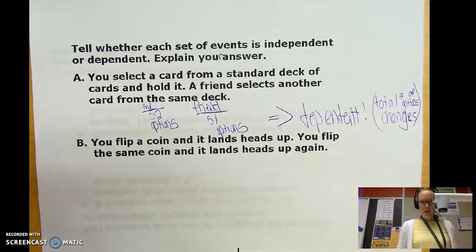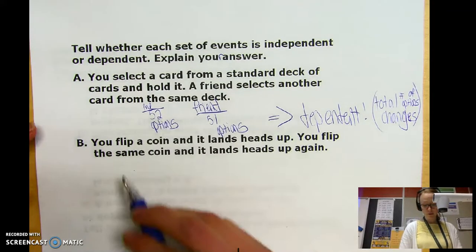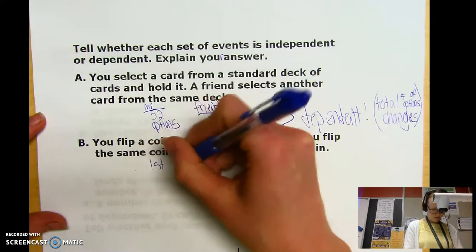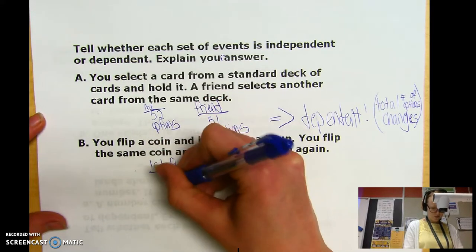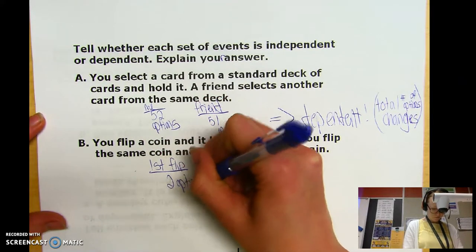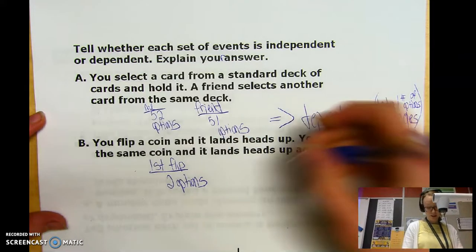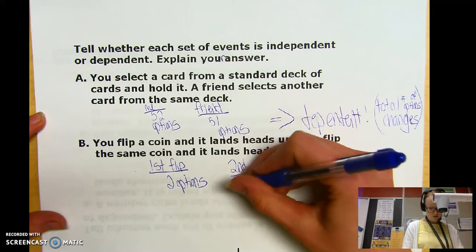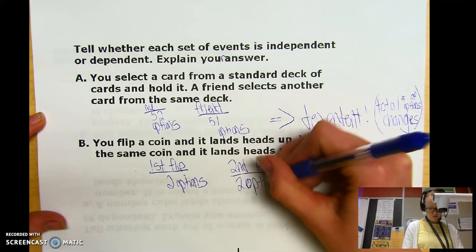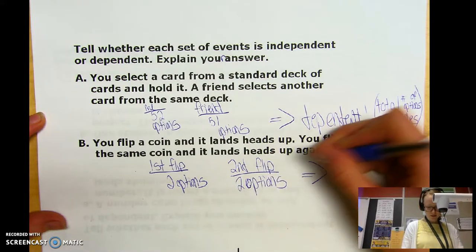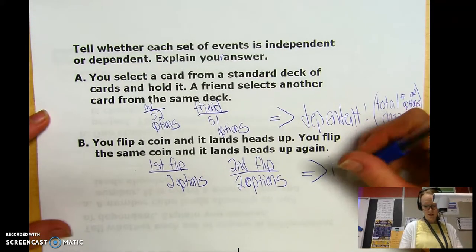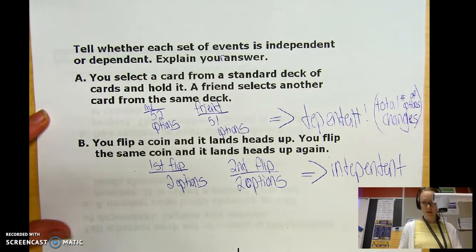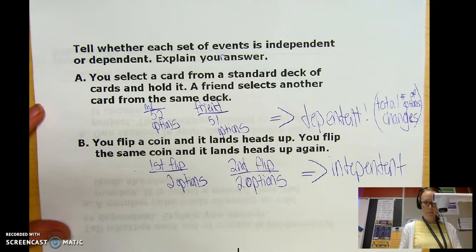Okay? So next, if we flip a coin and it lands heads up, the first flip, there's two options, right? And then if we flip the same coin again, we still have two options. So in this case, since the number of options stayed the same, we have independent events. Okay?